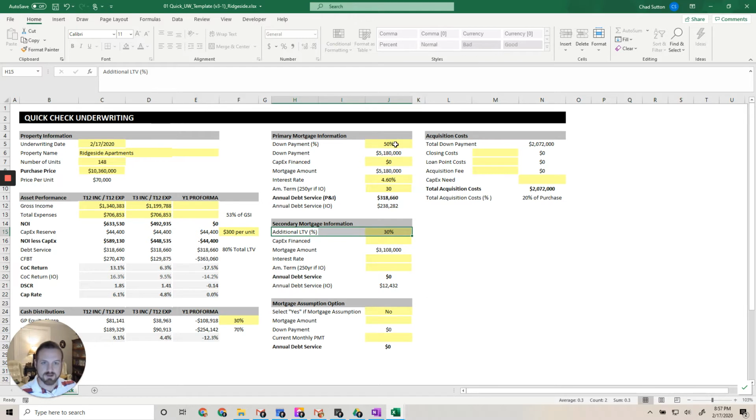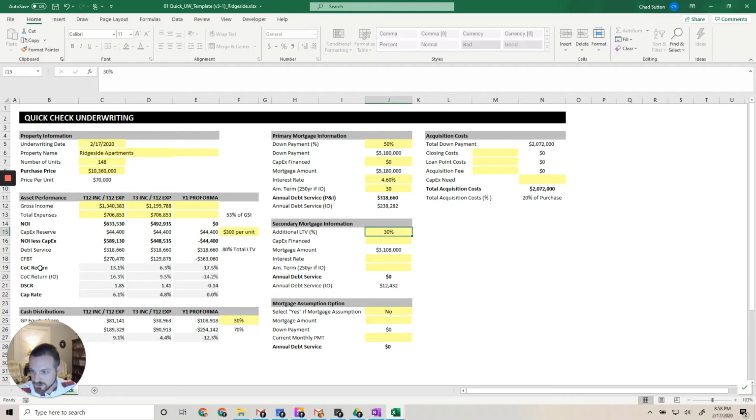That would effectively mean I'm only bringing 20% down to the table, and that calculates over here with our total down payment. So instead of bringing 5.1 million to the table, I'm going to get a mortgage for 3.1 of that, a second mortgage, and that helps me reduce how much I'm actually having to bring to the table from a down payment perspective, and that very much improves my cash on cash.